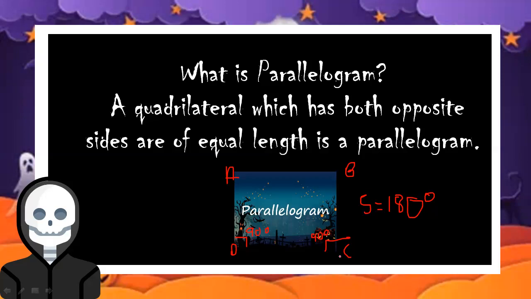And if we add these both, we get 180 degrees. So it shows the property. And adjacent means which lies on the same line, as angle D and angle C lie on the same line. And the same case is with angle B and angle A, angle A and angle D, angle B and angle C.